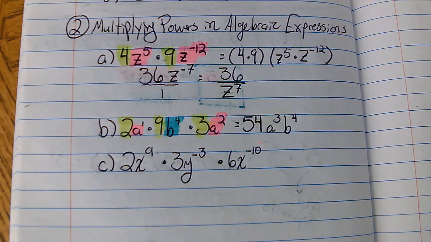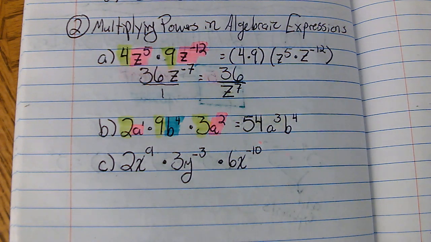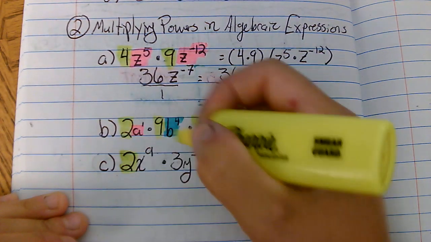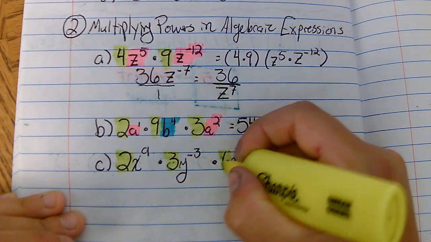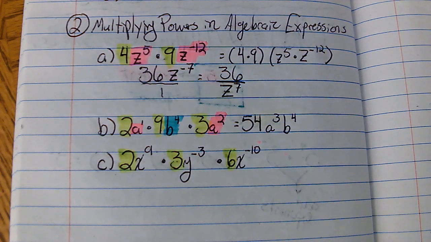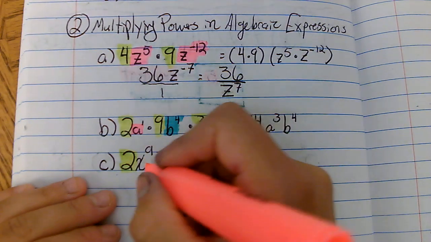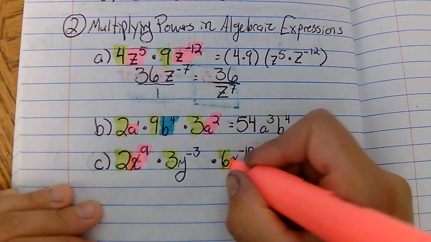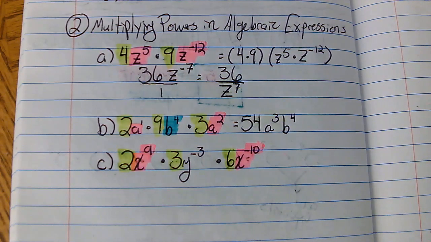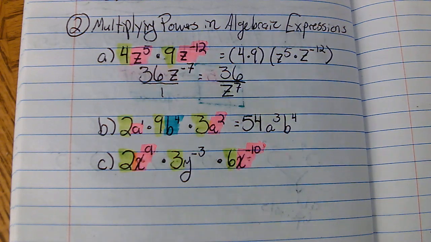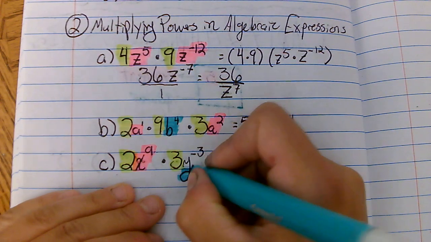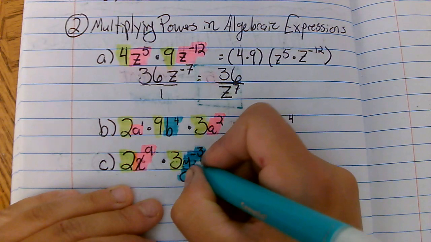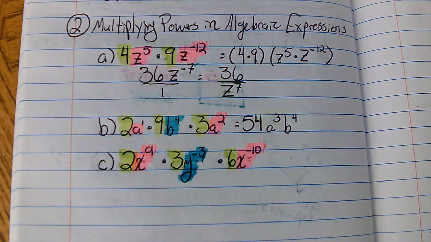Okay. So again, I'm going to highlight everything that goes together. You don't have to do this step every time, but if it helps you, I recommend it. And again, I have that one lonely variable who isn't going to get multiplied by anybody. But I am going to have to do something with it.